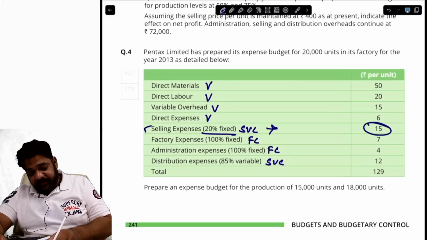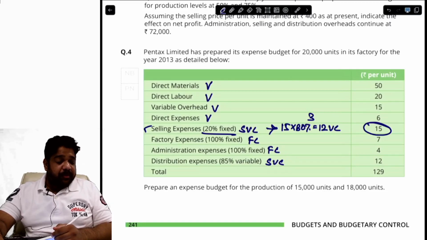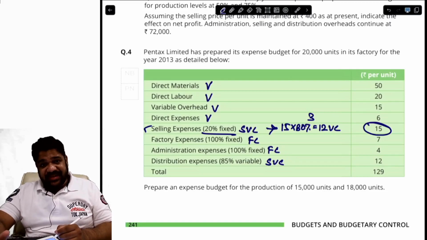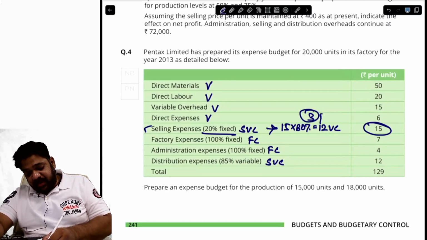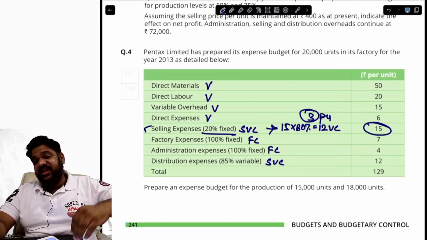So out of 15, 15 into 80%, 12 is variable. 3 is fixed, but you do not express your fixed cost on a per unit basis, you express it on totality. Since you express that on totality, this 3 per unit will be multiplied with the number of units for which this budget is given.